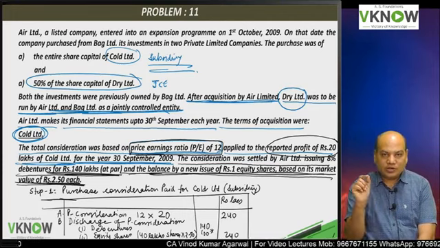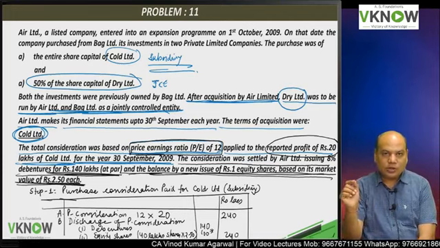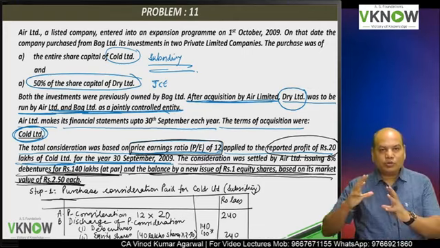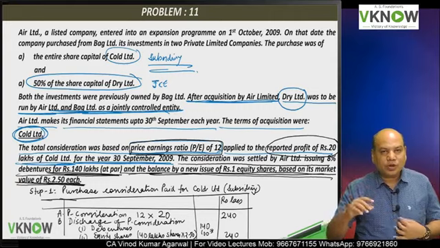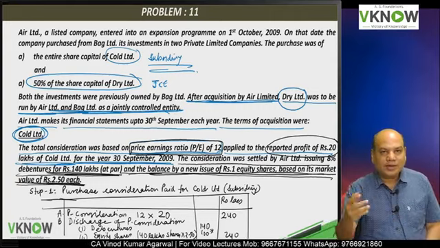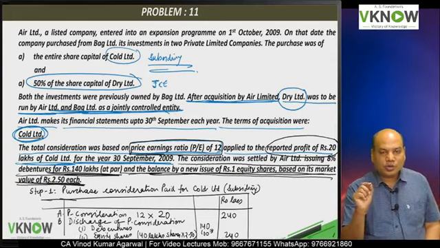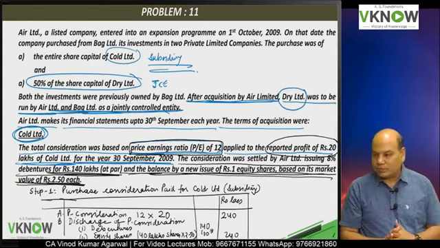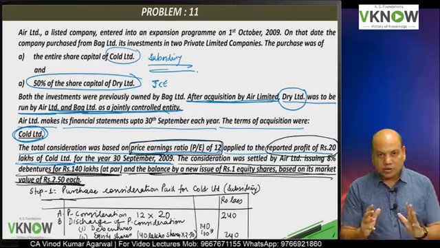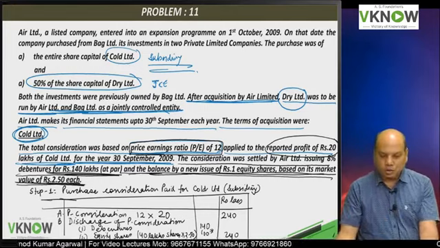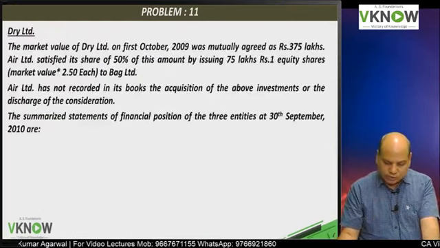Out of that, debentures issued are 140 lakh and equity shares issued are 100 lakh. One equity share will be issued at 2.50 each, so the number of equity shares issued is 40 lakh. So this is the first working. This is for acquiring a 100% stake in Cold Limited, 240 lakh.